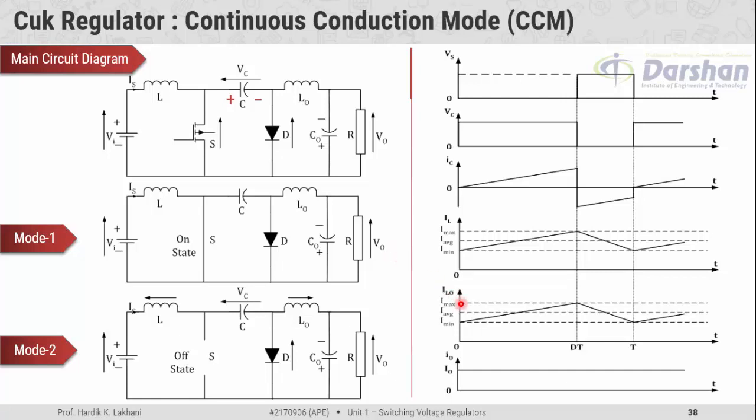So the inductor current also gradually increases from minimum value towards the maximum value. The voltage across capacitor remains constant because the capacitor is very large. During the first interval, the current flowing through the capacitor is similar to the current flowing through LO because these two elements are connected in series fashion. So here you can see that the IC is similar to ILO.